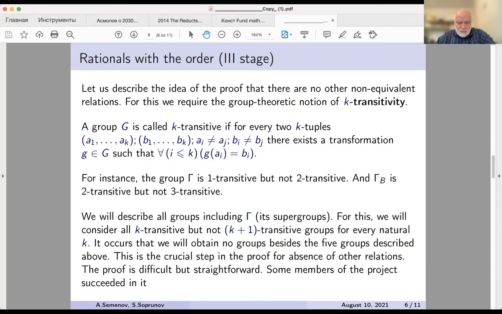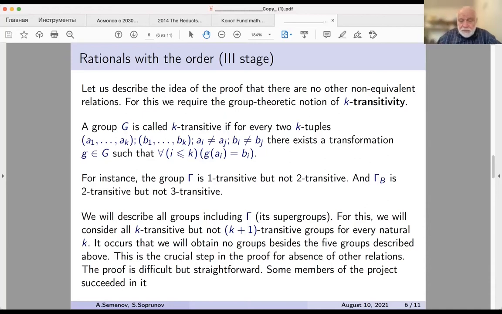It's evident. But it's not 2-transitive, just because if you take A1 less than A2 and B1 greater than B2, it's impossible, of course, to monotonously translate the first couple to the second couple.